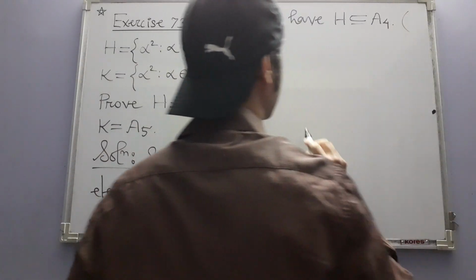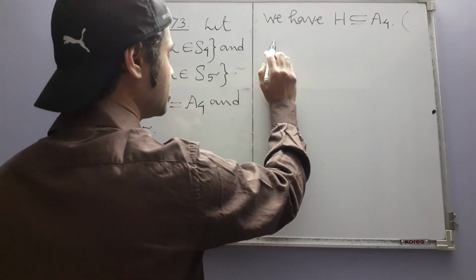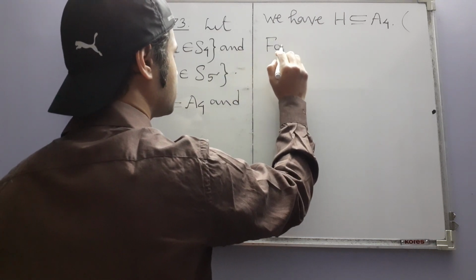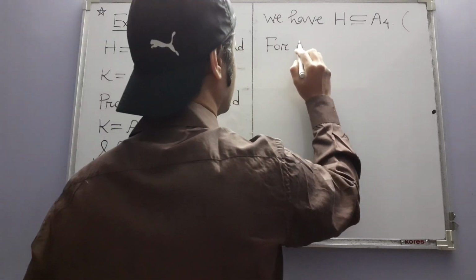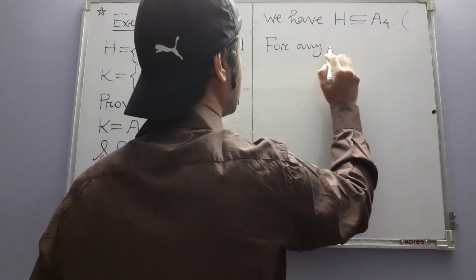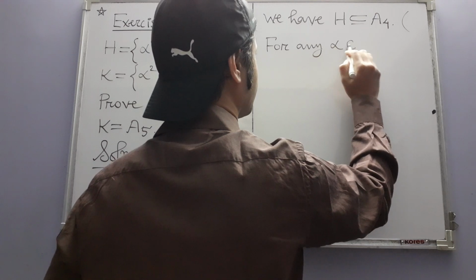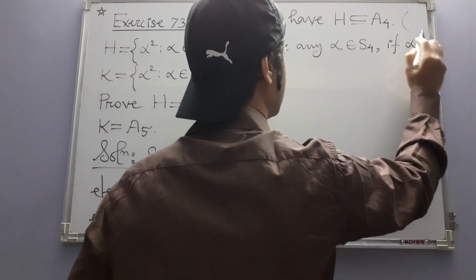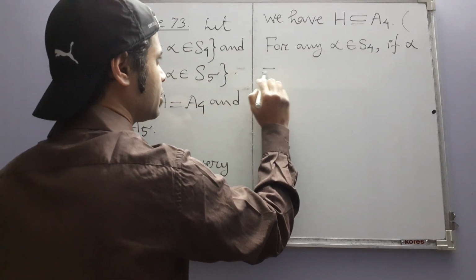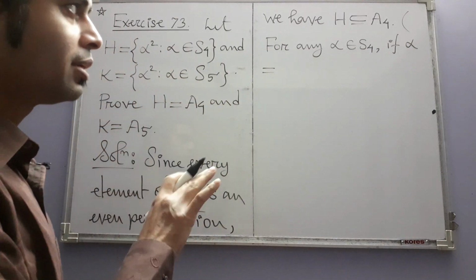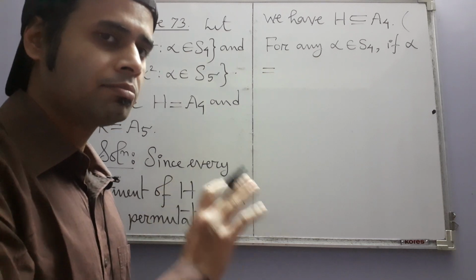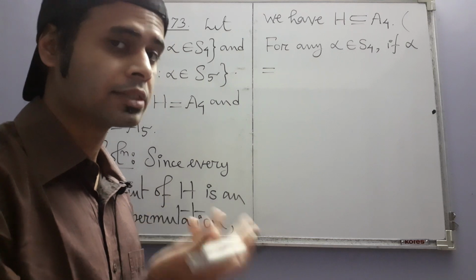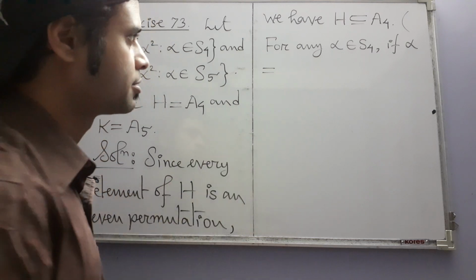Within brackets, we can roughly demonstrate that fact like this. For any alpha belonging to S4, we already know one fact about any permutation, that any permutation is a product of transpositions, that is, two cycles.